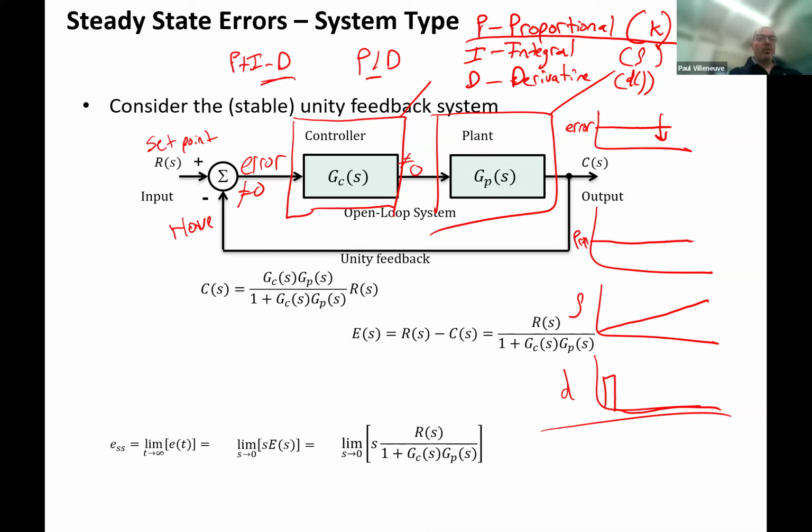Most of the time, all you ever need is proportional plus integral control. You very seldom use derivative control. It's there, it's available to you, but it works pretty well. Okay, I mean, it doesn't always work really well.